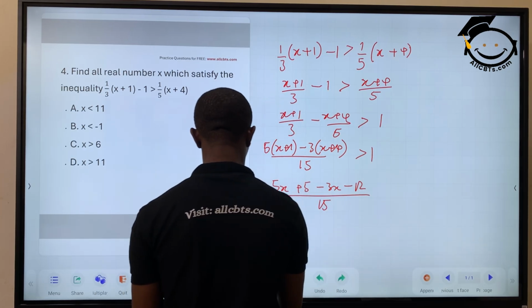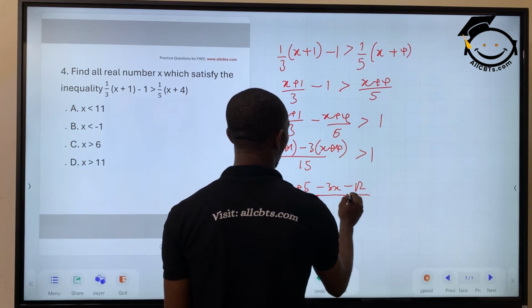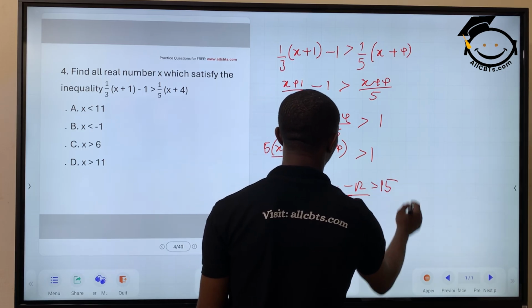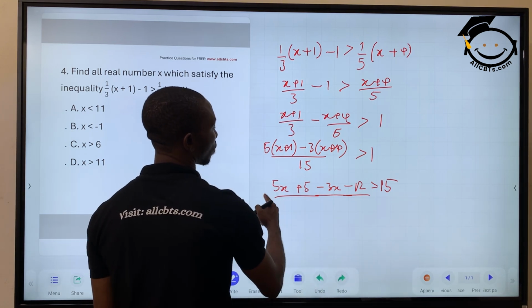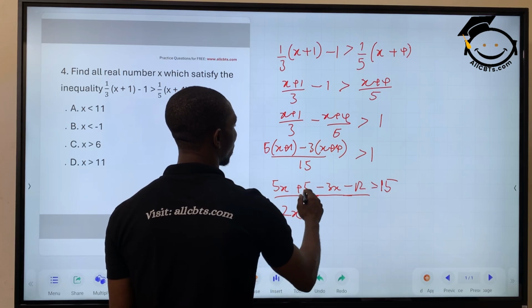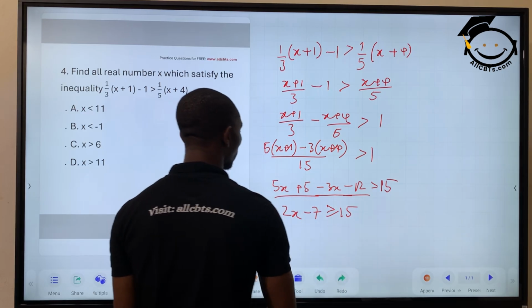Okay, let's cross multiply at once. This gives us greater than 15. Alright, collecting like terms here, 5x minus 3x will give us 2x minus 7 is greater than 15.